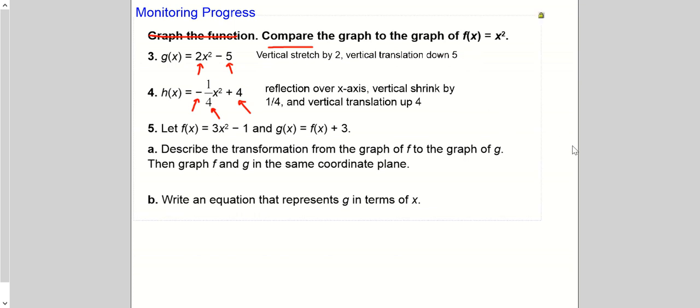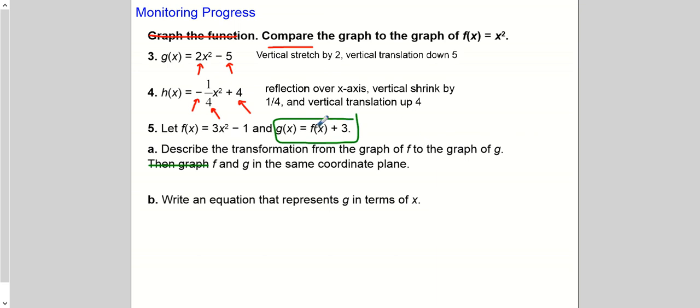All right, now what about number 5? Let f of x equal 3x squared minus 1 and g of x equal f of x plus 3. Describe the transformation. We're not going to graph. Describe the transformation from the graph of f to the graph of g.